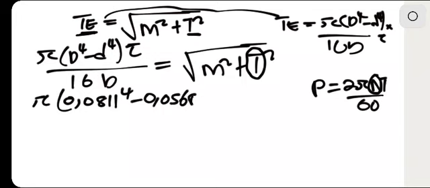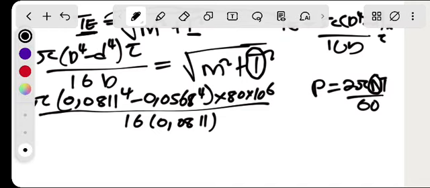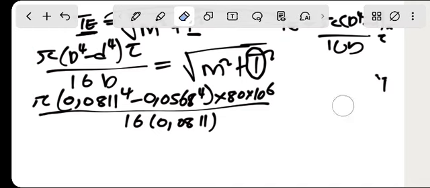I wrote them in millimeters, now I've converted this. Remember we have the shear stress. They say the shear stress does not change. It's 80 times 10 to the power of 6. Divide this by 16, multiply by 0.0811, like that.